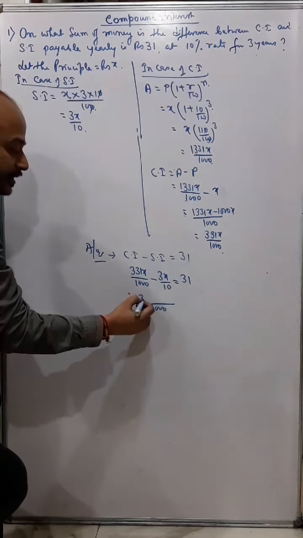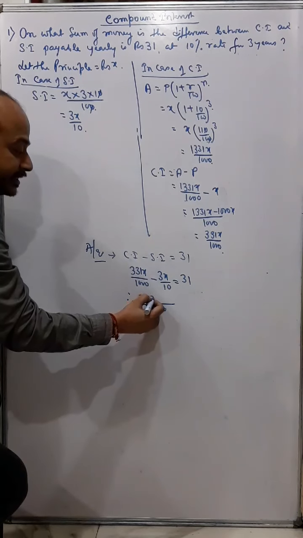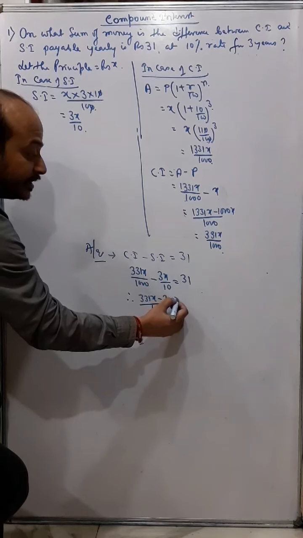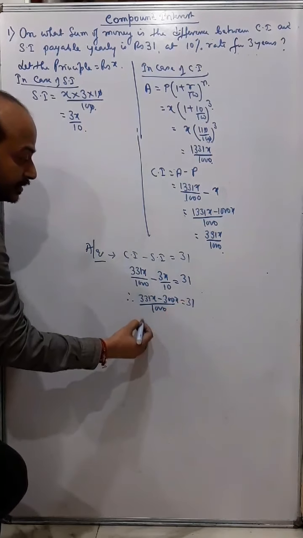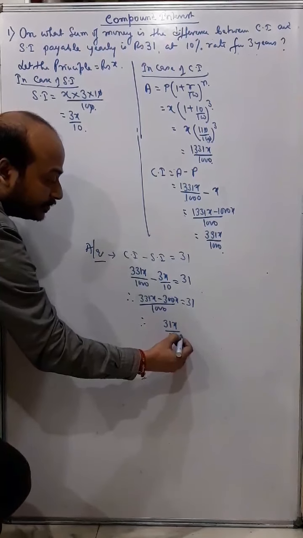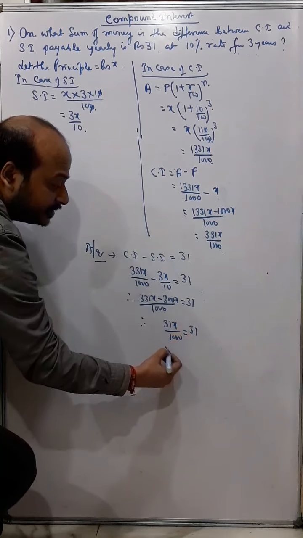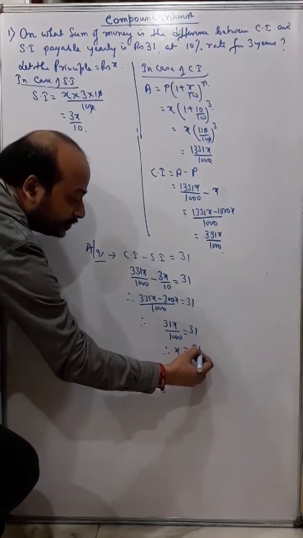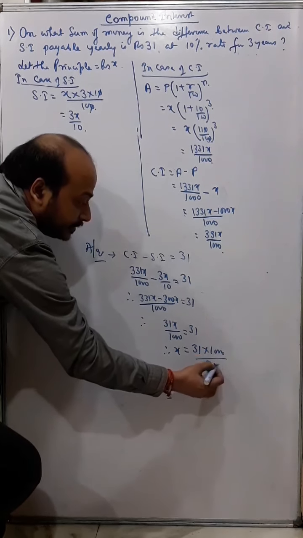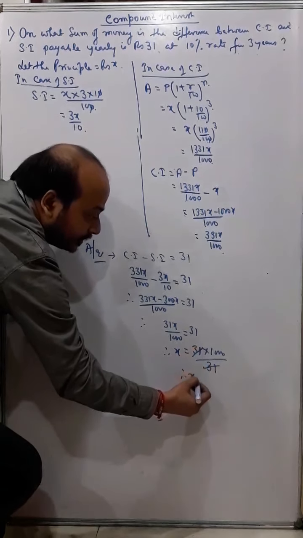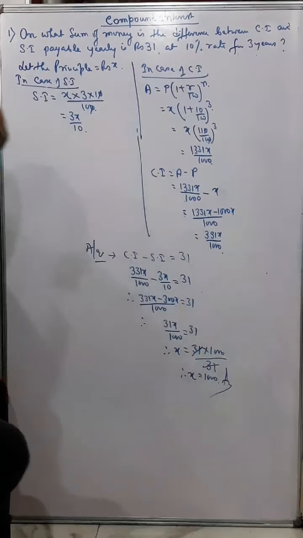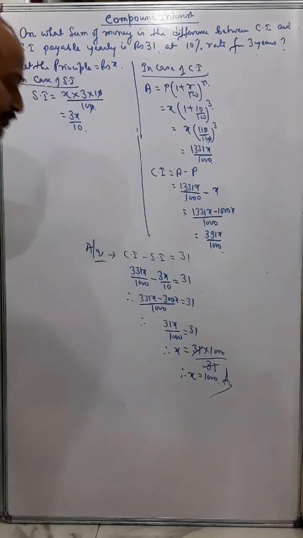So LCM we take, we get 1000, and 10 into 100, so we get 300x. Finally we are getting 31x by 1000 equals 31. So x is equal to 31 into 1000 by 31. So I got x is equal to 1000. So we got the principal as 1000 rupees. You understand? Very important sum.